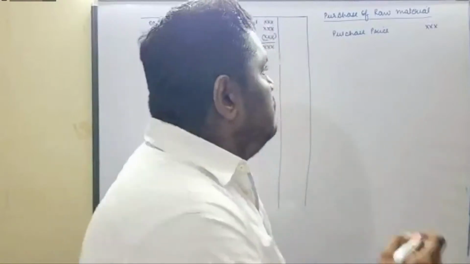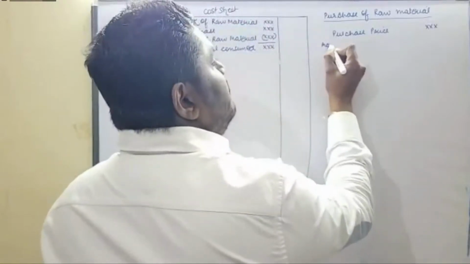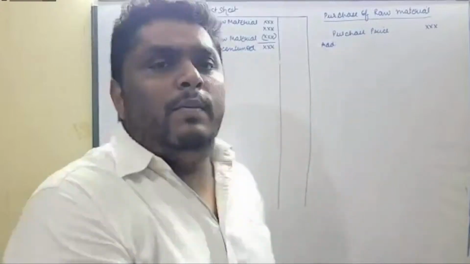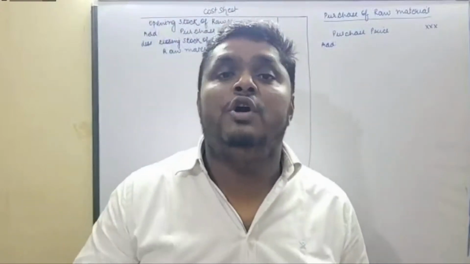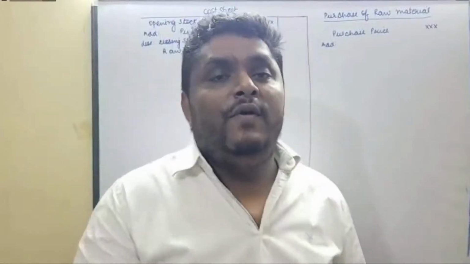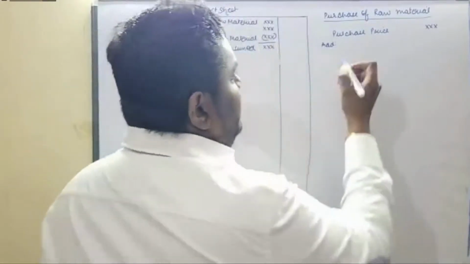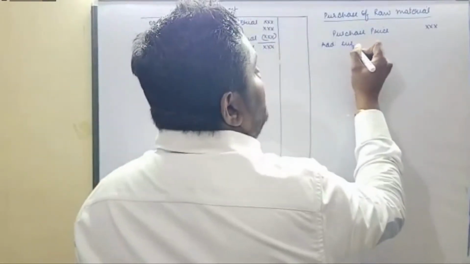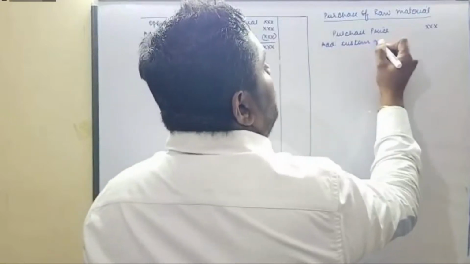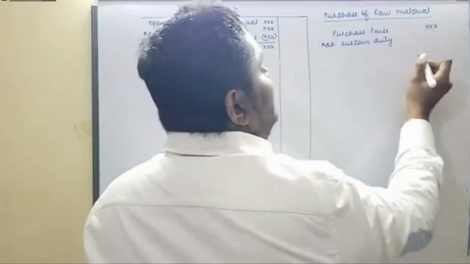So now, let's say I have procured this raw material from, let's say, Germany. So again, the import duty I have to pay for clearing my goods from the custom authority. So we will pay the custom duty for the same. So if custom duty is paid, it will be added.